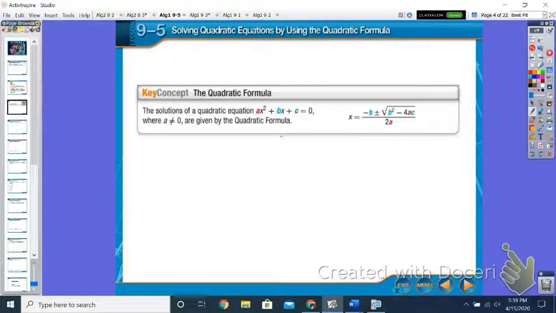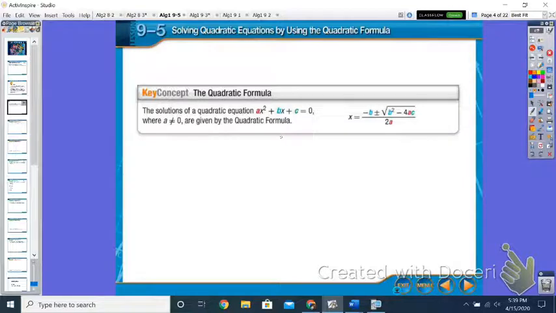So what we're talking about today is called the quadratic formula. It's basically another method to solve quadratic equations. I say another method because we talked so much about factoring in the chapter we were working on before this whole virus and break from school came about.